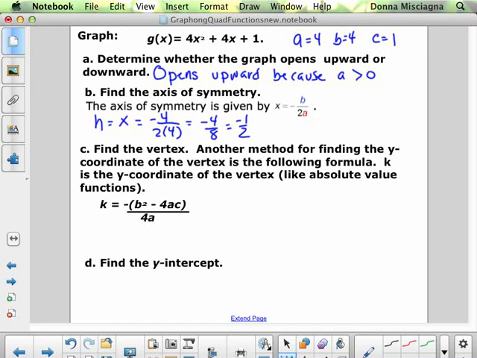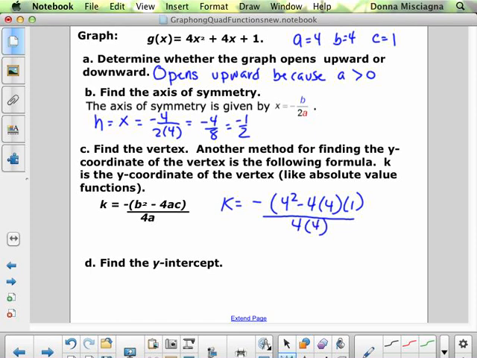All right, so k, as a reminder, is negative, all negative, b squared minus 4ac divided by 4a. So k is negative 4 squared minus 4 times a is 4 times 1, all divided by 4 times a is 4.